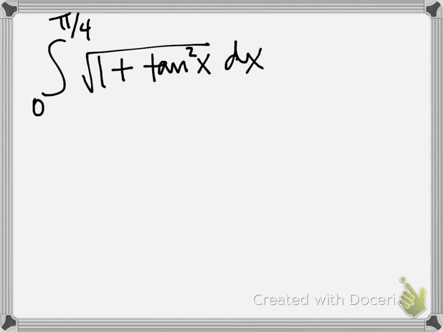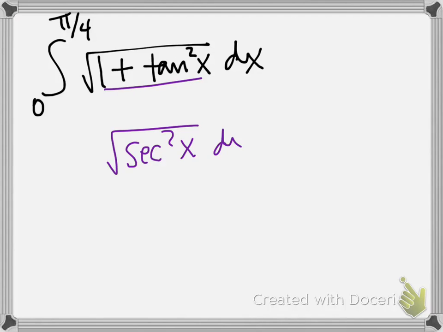Okay, so how could this work, putting some stuff all together? First of all, I'm always going to look at trig and see if I see an identity. And 1 plus tangent squared does equal secant squared. Okay, so I'm rewriting this. Now, that's the square root of secant squared.